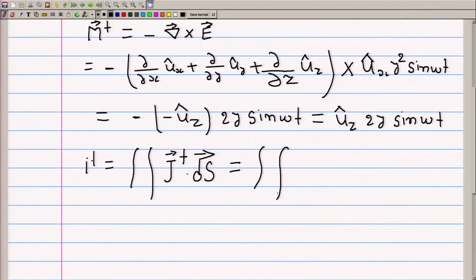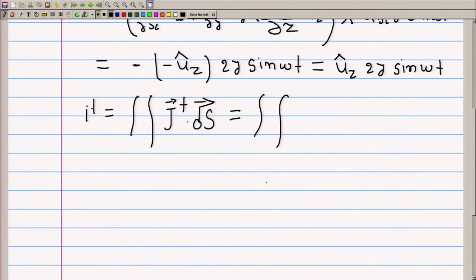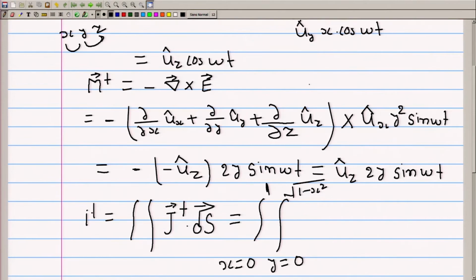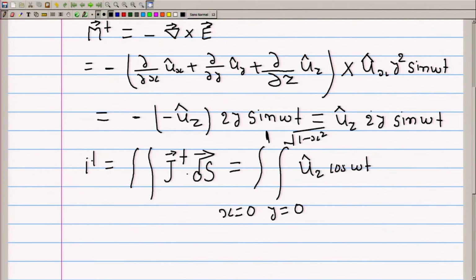So, the double integral: here x squared plus y squared is equal to 1, so x changes from 0 to 1 and y goes from 0 to the square root of 1 minus x squared. J_t is uz cos omega t and ds on the surface z equal to 0 is dx dy uz. The dot product of uz with uz is 1, and the integration is of cos omega t dx dy.